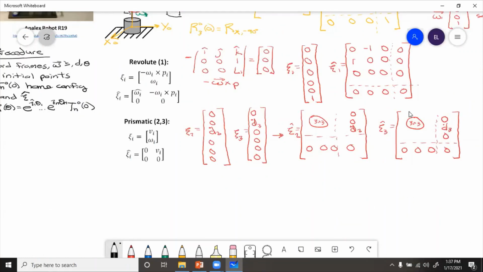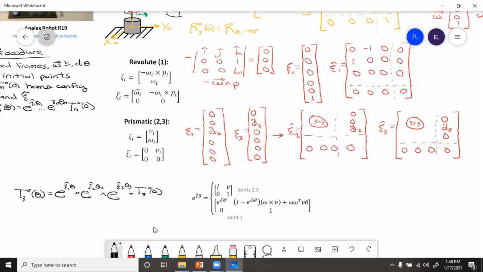So for the final answer, we'll have T 3, 0 of theta equals e to the squiggle hat 1 theta 1, times e to the squiggle hat 2 theta 2 times e to the squiggle hat 3 theta 3 times T 3, 0 of 0, where e to the squiggle hat theta is this.